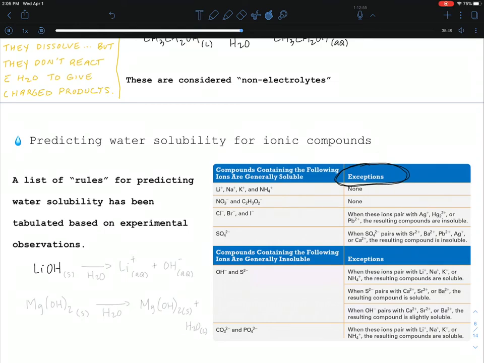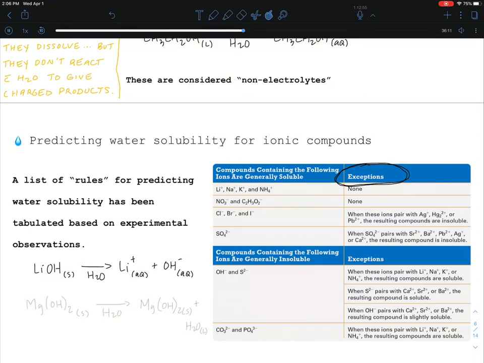So this thing right here will give us lithium +1 aqueous plus hydroxide aqueous, right? What if I were to pair up that hydroxide with something else?